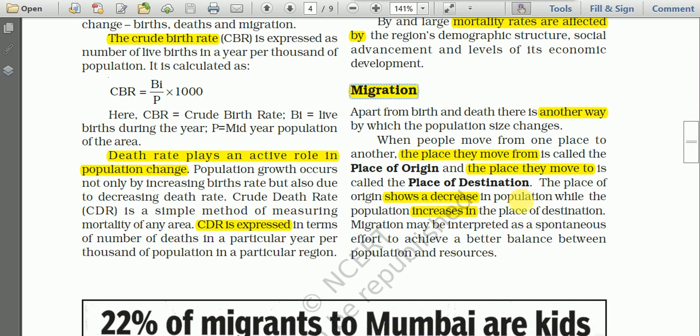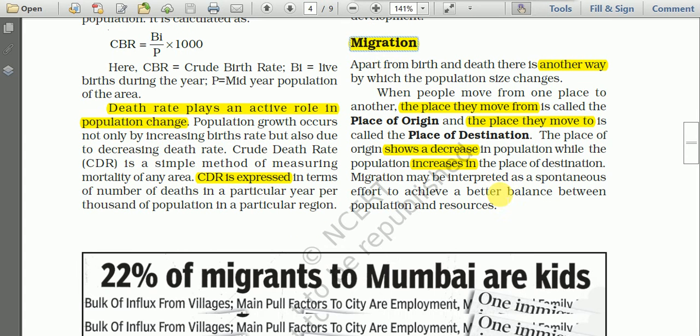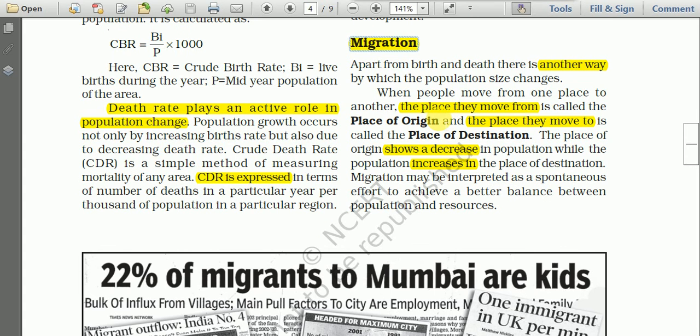When people move from one place to another, the place they move from is called the place of origin, and the place they move to is called the place of destination.